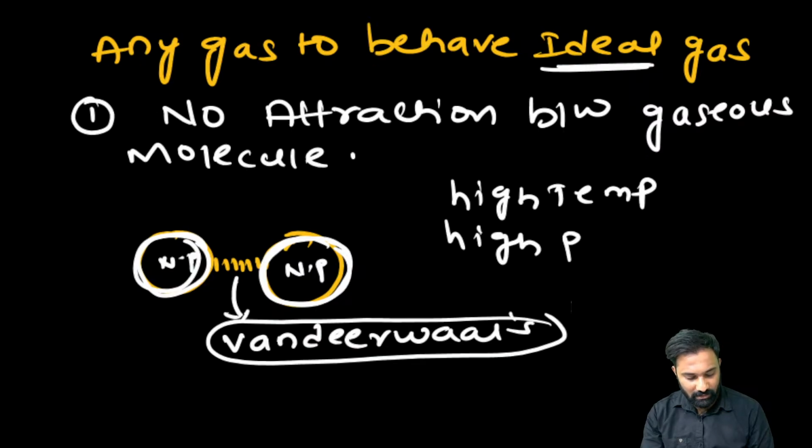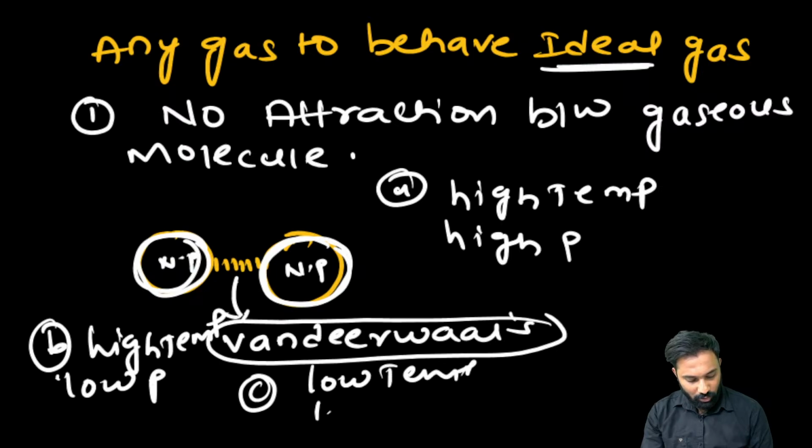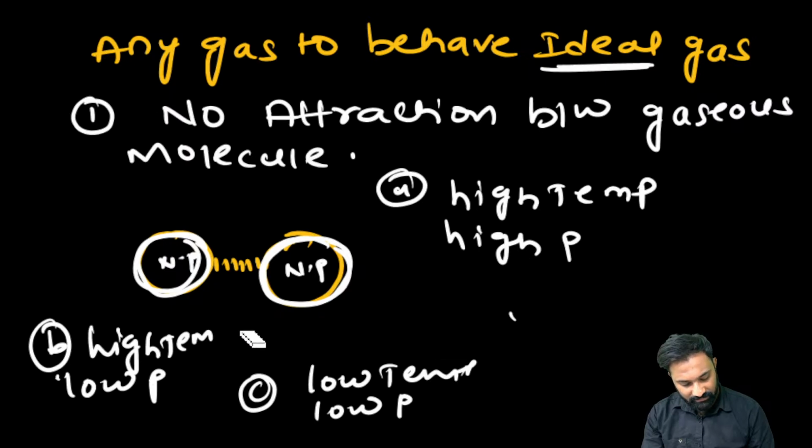B, high temperature, low pressure. C, low temperature, low pressure. Clear? Out of these three conditions, in which condition will a real gas behave as an ideal gas?